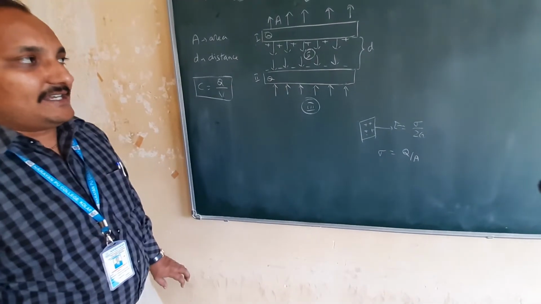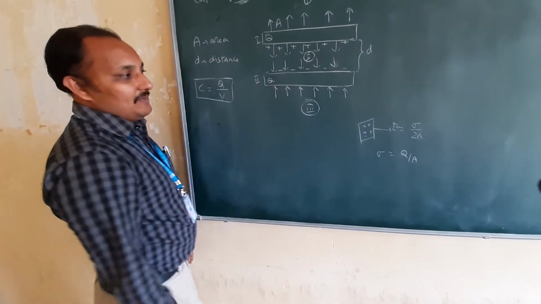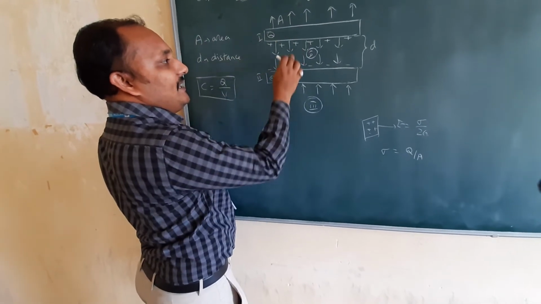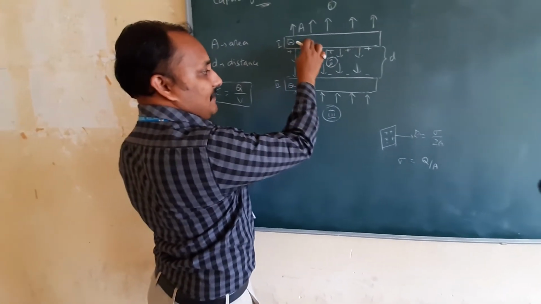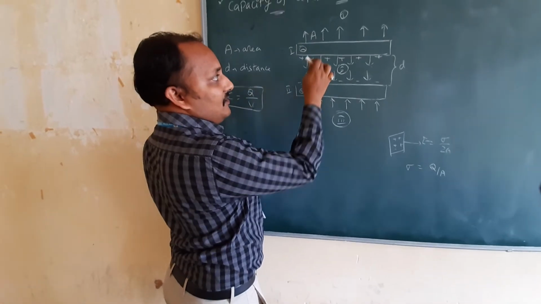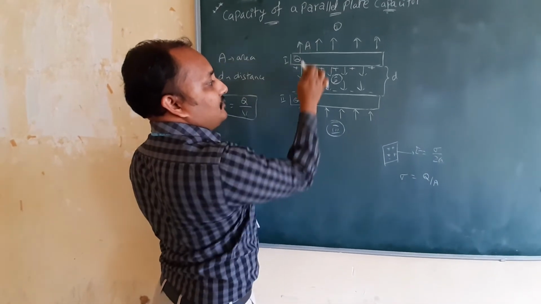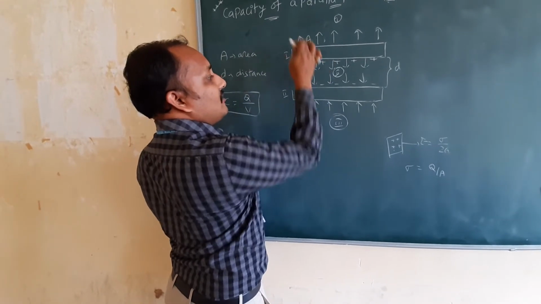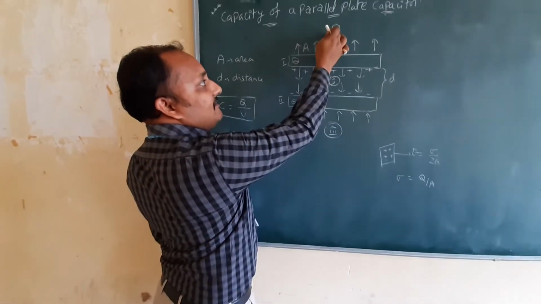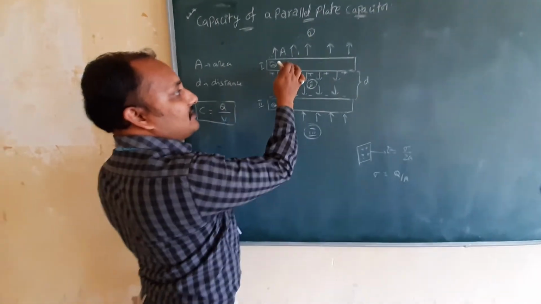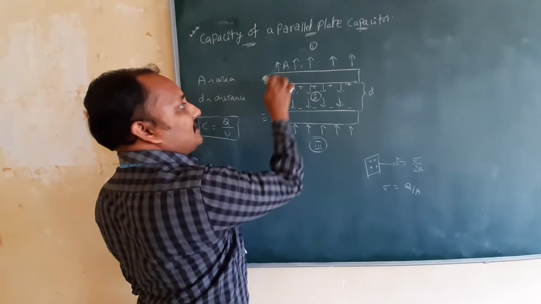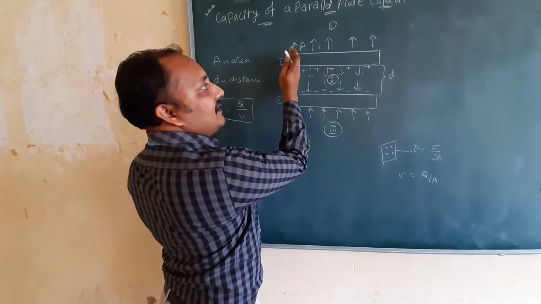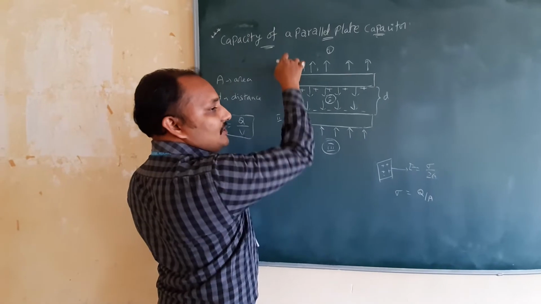So among the three regions, what is the electric field produced in region 1? The electric field intensity produced by the first metal plate and the second metal plate. Due to the first metal plate it will be away, due to the second metal plate it will be towards. This downward arrow mark is for this one. At region 1 electric field will be present because of 1 and because of 2. Because of 1 it will be upwards, because of 2 it will be downwards.